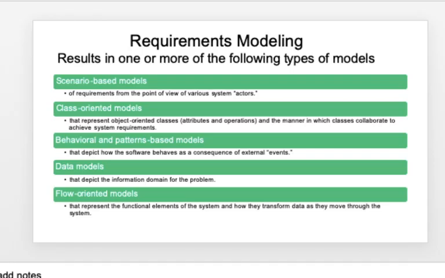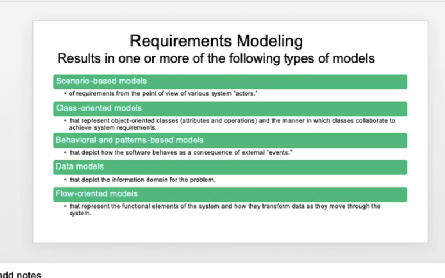So the requirements modeling results in one or more of the following types of models, like the scenario-based models, which model requirements from the point of view of the various actors. Then we have the class-oriented models, which basically talk of the object-oriented classes, their corresponding attributes, methods or operations, and so on.